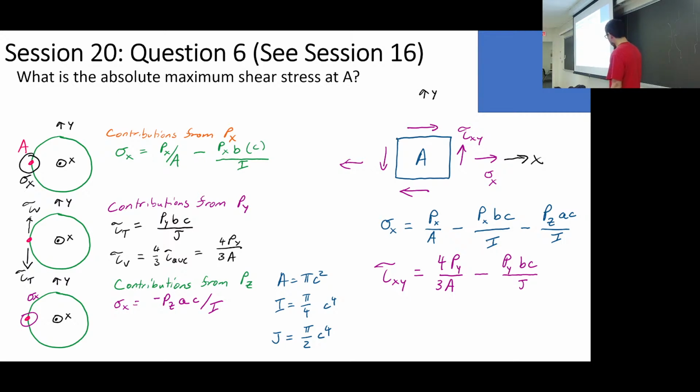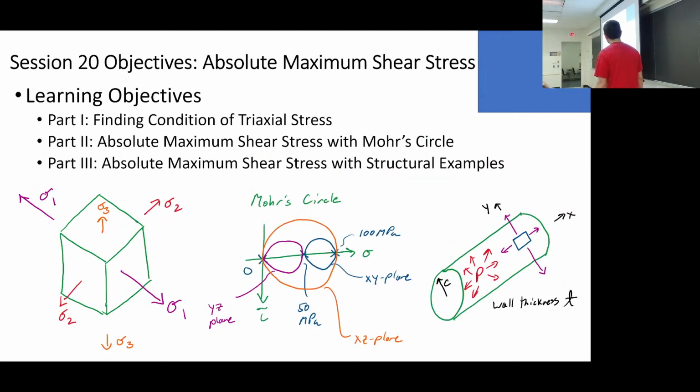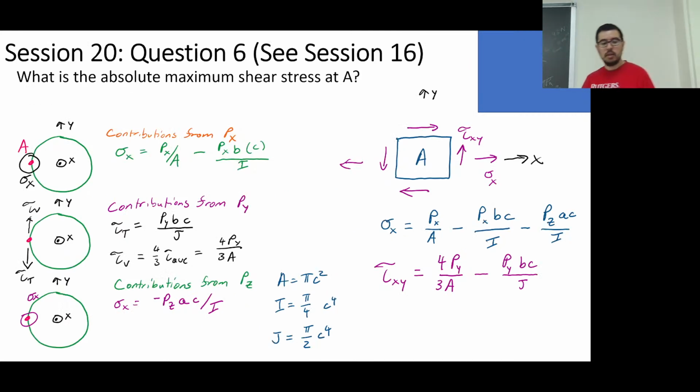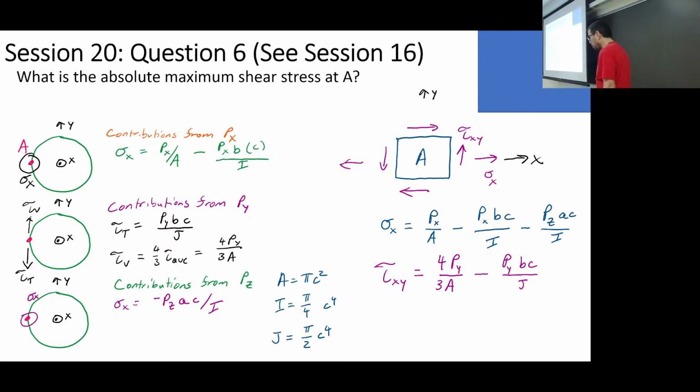There was no sigma y, right? There was just no sigma y, but there is a tau xy. So in that case, what do you have to do? What's the procedure here?